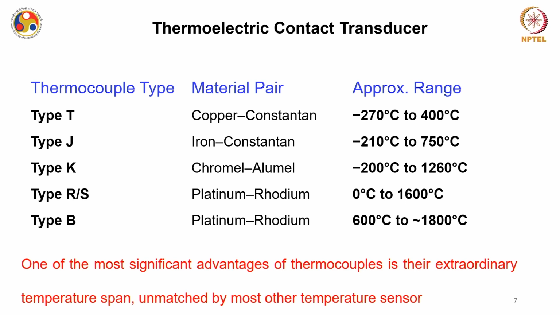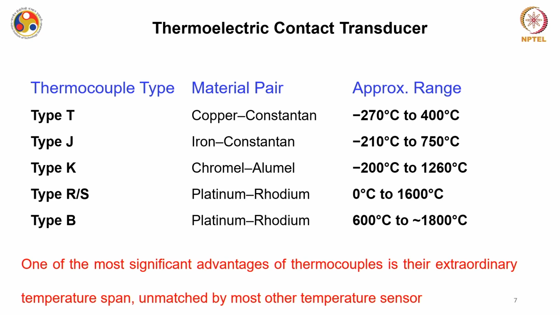I have listed some of them here, like type T, type J, type K. These are base metal based thermocouple devices, while there are devices based on noble metals like type R, type S, and type B. All these different types of thermocouples are made up of two different metal pairs, or at least metal alloy pairs.